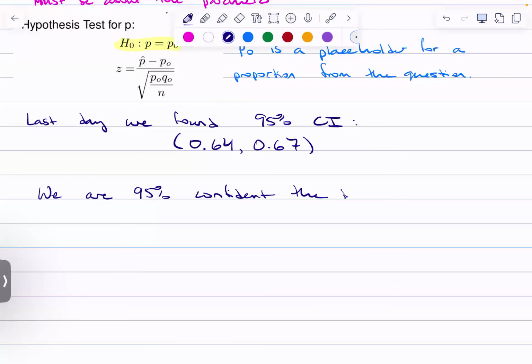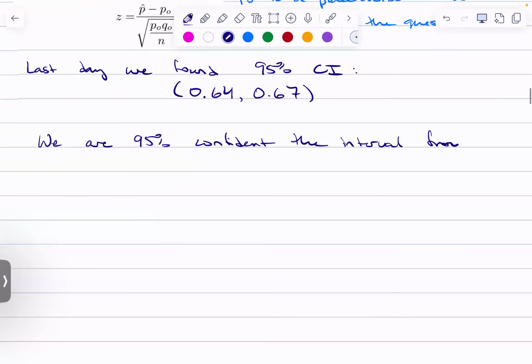The interval from 0.64 to 0.67, rounding pretty heavily, but that's okay, captures. We wanted to have that word captures because the population proportion is fixed and we don't know where it is.